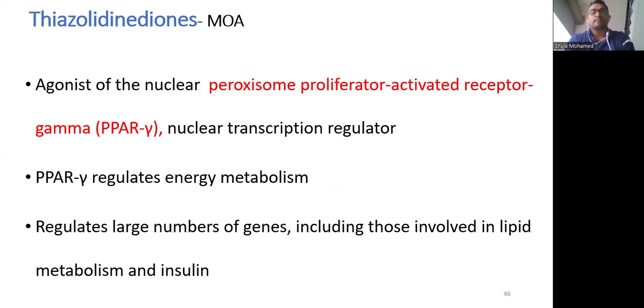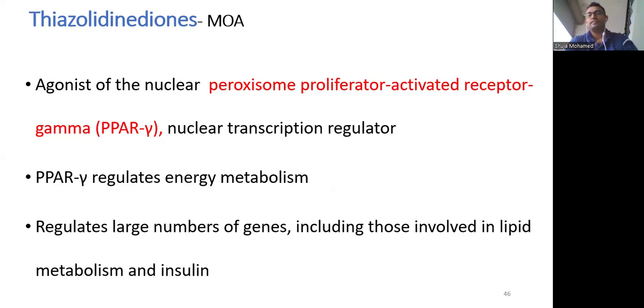Remember this type of drug. This class is thiazolidinediones. What this is doing is stimulating the peroxisome proliferator-activated receptor gamma, that is PPAR gamma, a nuclear transcription receptor, and regulating energy metabolism.